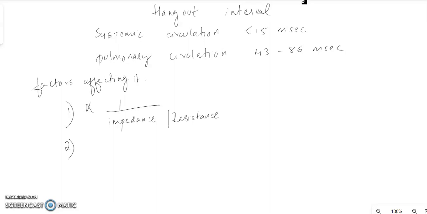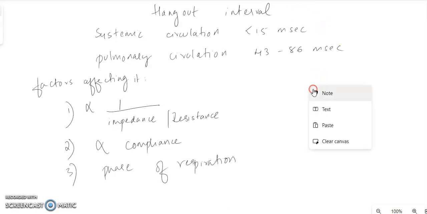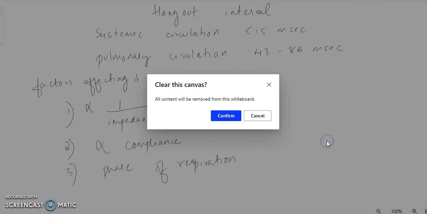Second, it is directly proportional to compliance. That means the hangout interval increases when there is a dilatation of the aorta or pulmonary artery. Third, it depends upon the phase of respiration. You will understand the phase of respiration when you understand the normal physiological splitting.